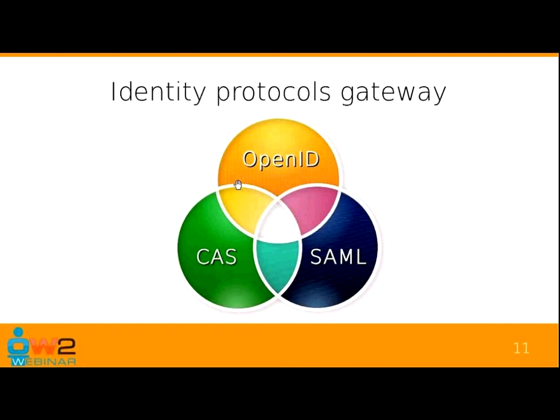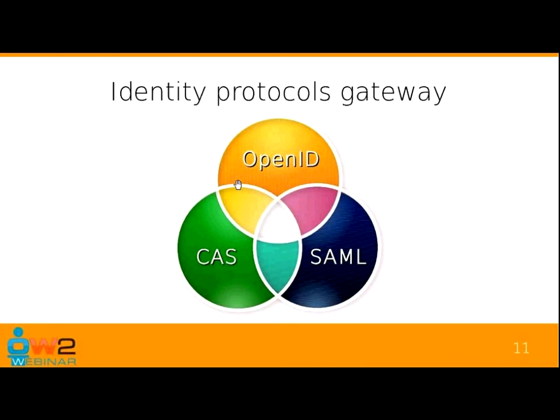messages. What is important here is that LemonLDAP can be a gateway between these protocols, because we implement the authentication part, the client part, and also the issuer part. So we can be a service provider, and we can be the identity provider.